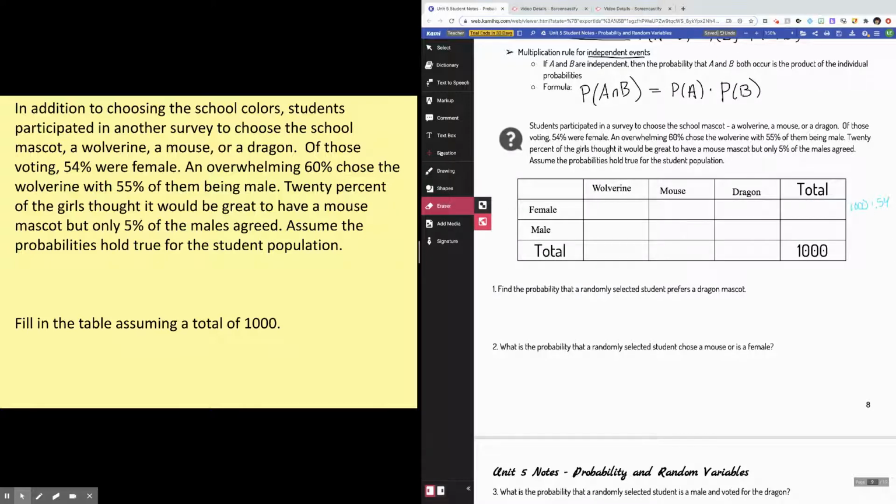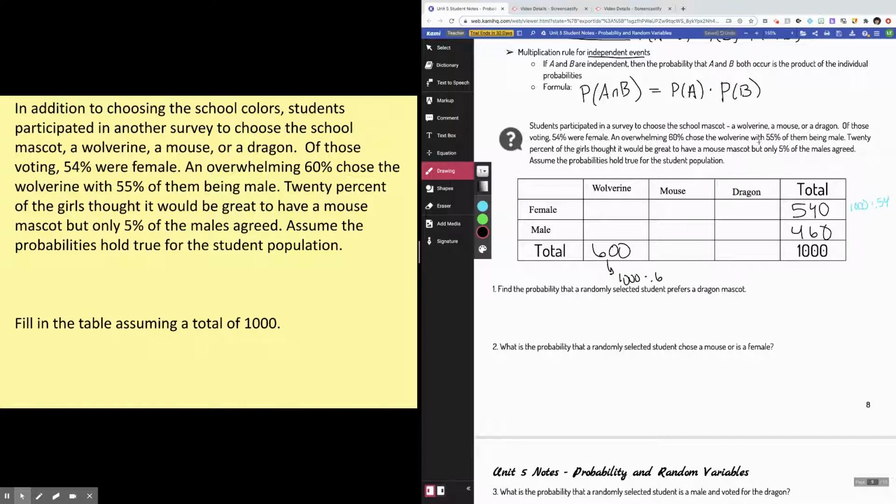So this number is 540, okay, which means that the total number of men is 460, so that the total number of people would be 1,000, okay? The next sentence says an overwhelming 60% chose the Wolverine, okay, meaning 60% of the whole population chose Wolverine. So 1,000 times 0.6, which is 600, okay?